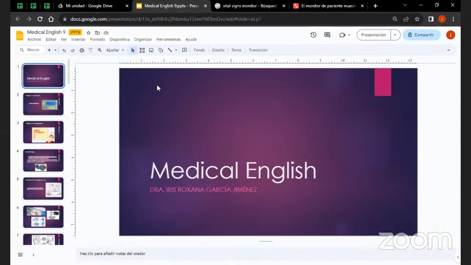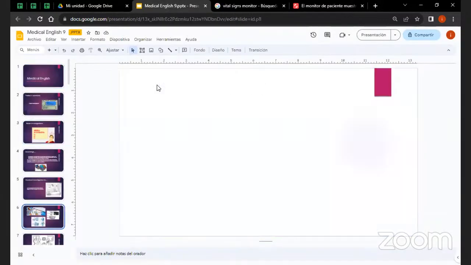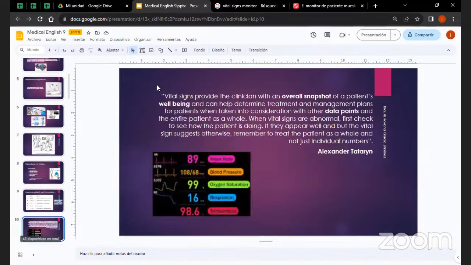Let's go to that page. This one. Here we can check this expression, overall snapshot, okay? Overall readings. I mean, readings that are showing us at the moment what is going on with the patient, right? Yes. Just at the moment.